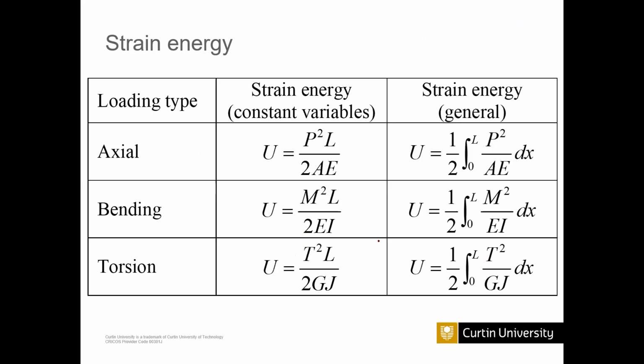These equations come from the lecture note, so I will move to the lecture note and explain the derivation. They explain here the loading type: if it is axial, strain energy with constant variable, this is the equation, and this is the general strain energy term. If it is not constant, then you need to use this equation.